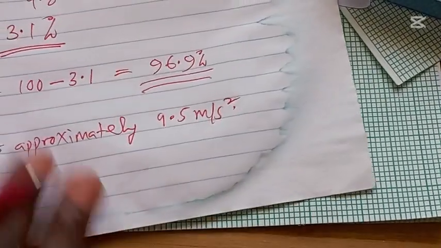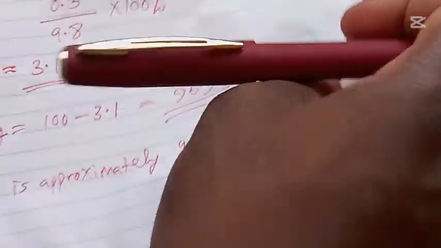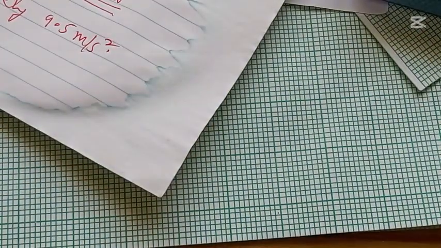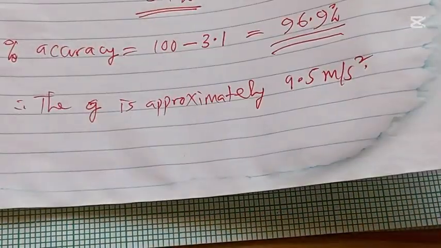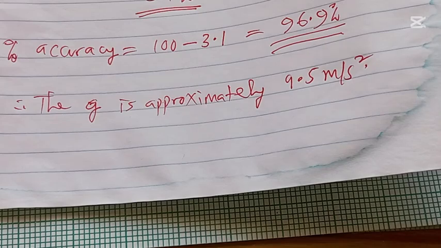That is your conclusion. But you can see we cannot conclude without obtaining the value of g, because our purpose is to determine that g. I think this is the end for practical number 5.